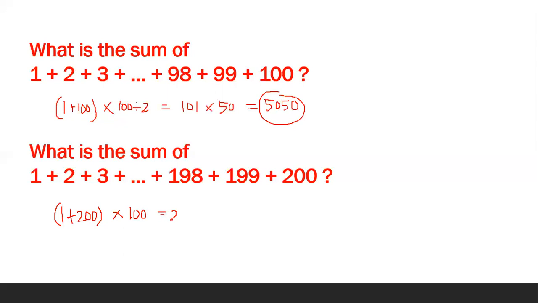So 201 times 100, and that is equal to 20,100. So this is the sum of the first 200 numbers.